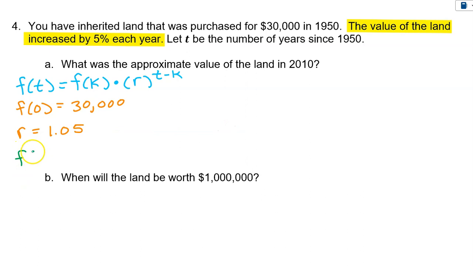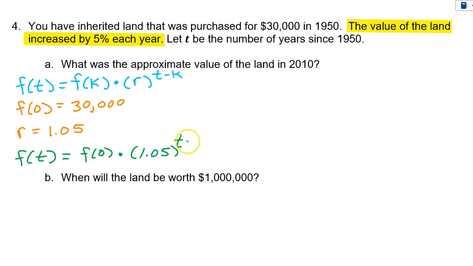Now we can write the formula that gives the value of the land each year. f of t is equal to f at 0, that's our f of k, times r, which is 1.05, to the t minus k power.